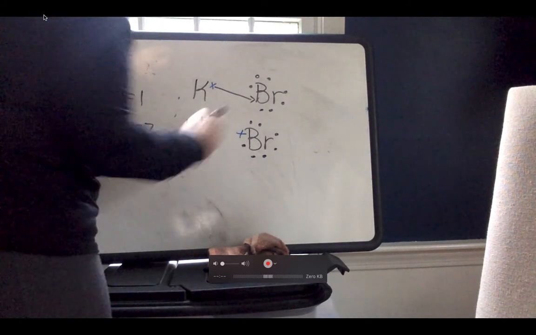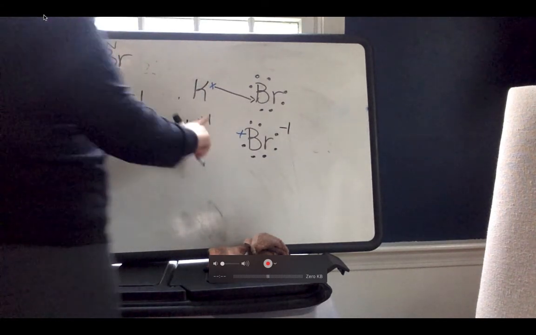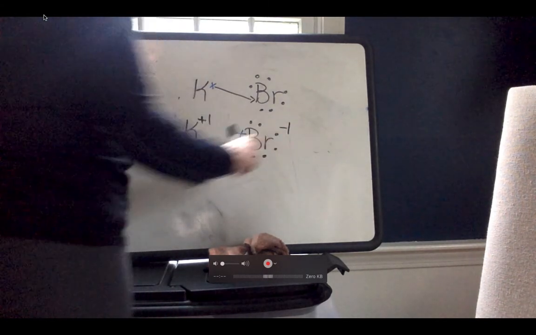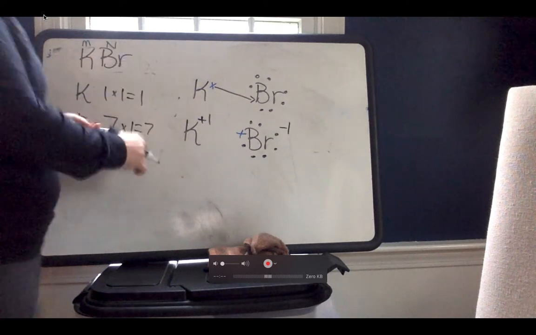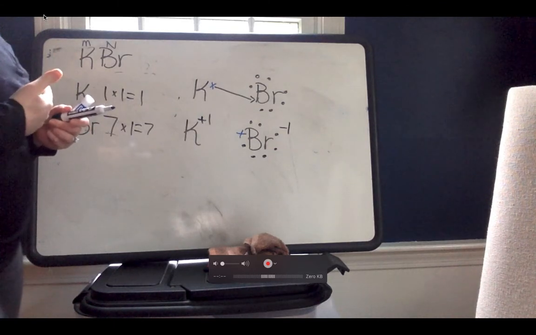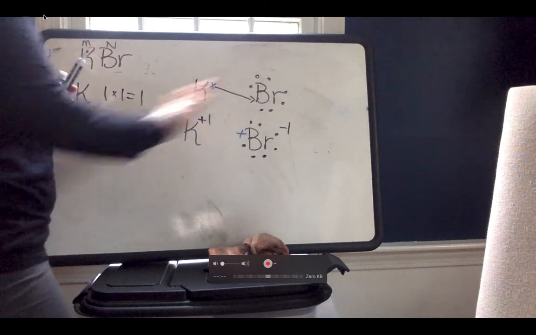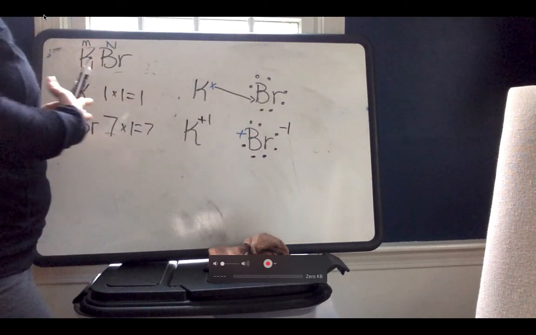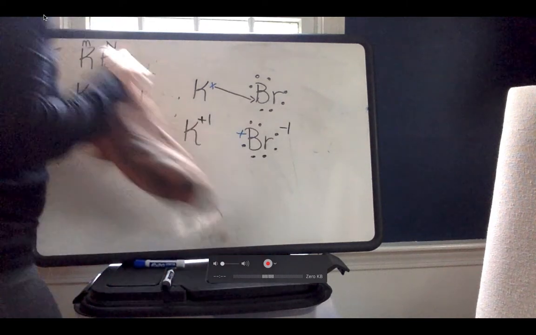And since it gained an electron, it now has a -1 charge. So we have a +1, a -1, and they balance out. Your charges must be equal, your positives and your negatives, okay? There's no single bonds or double bonds or triple bonds here. They're simply transferring the electrons, so potassium gave it up. It has nothing to do with it anymore, okay? All right, let's do one more ionic compound together.